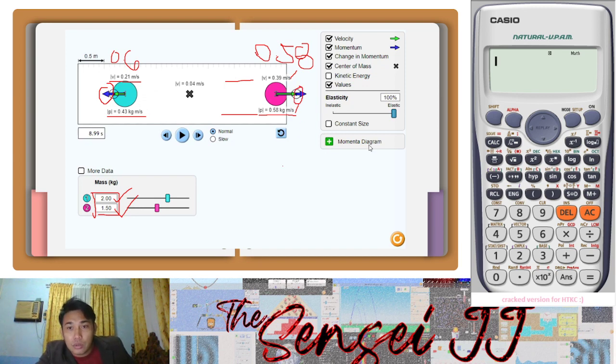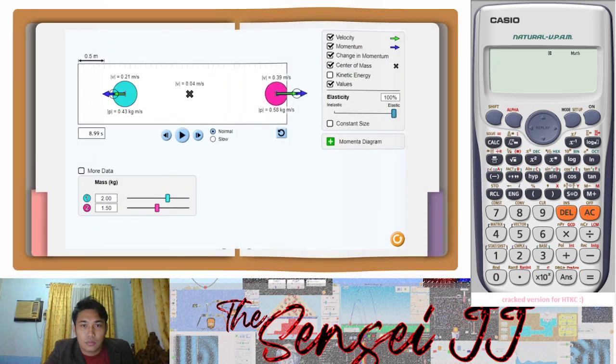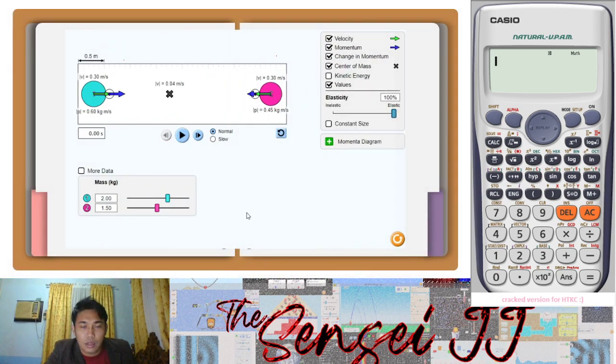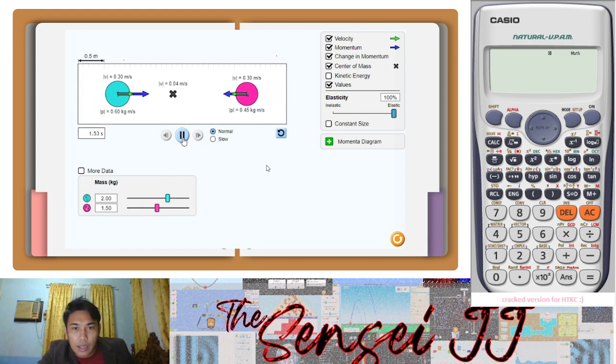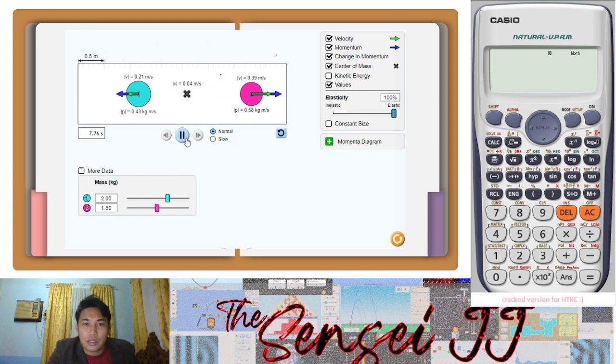So let's try to watch it again. You will see that after they collide, the direction of the momentum changes. You see there, guys?